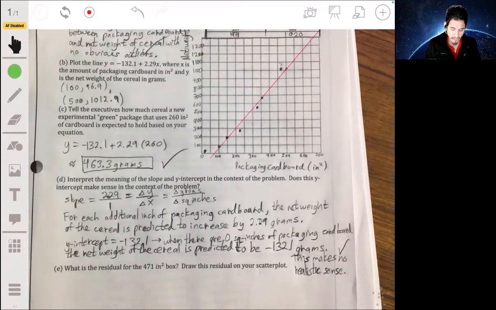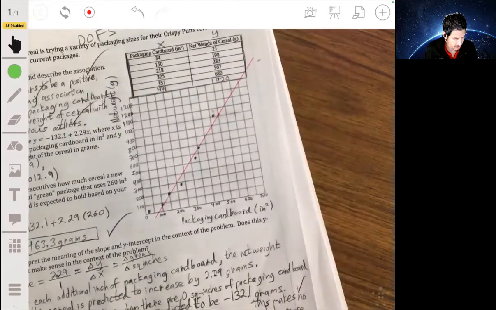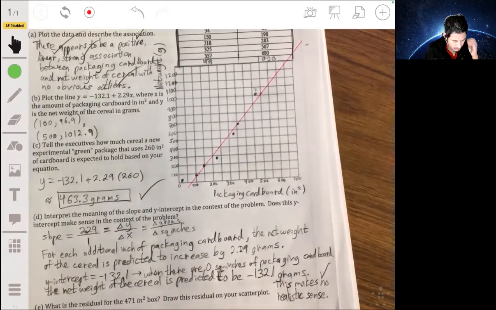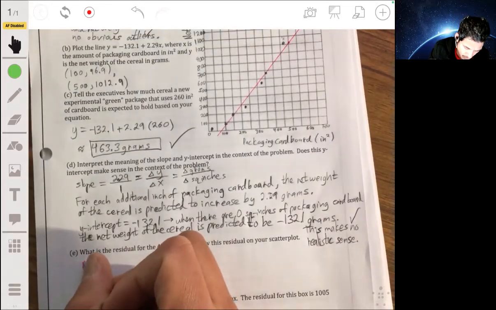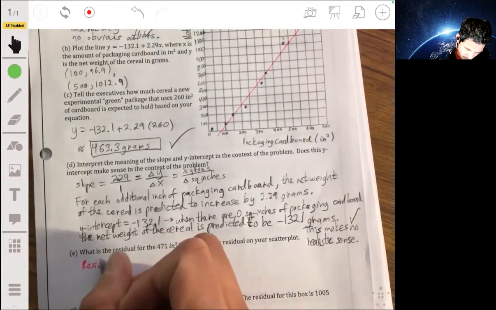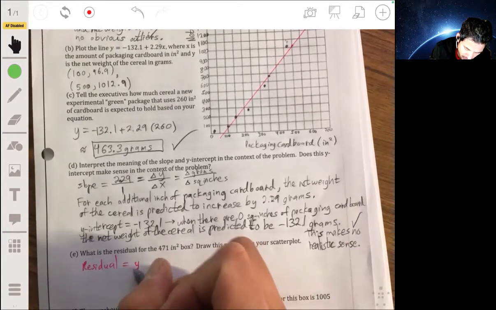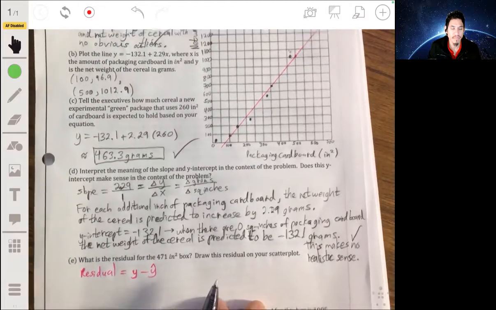So let's look at what's going on here. We want to figure out what the residual is for the 471 square inch box. So we need to figure out what the actual and predicted y values are. So the residual is y minus y hat, actual minus predicted.